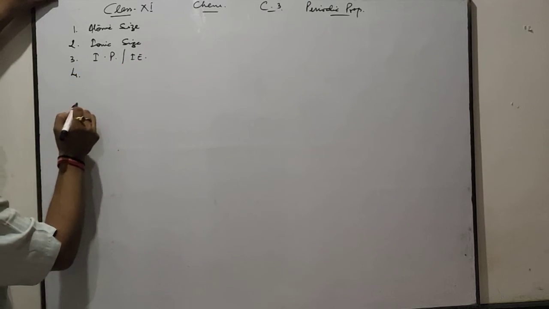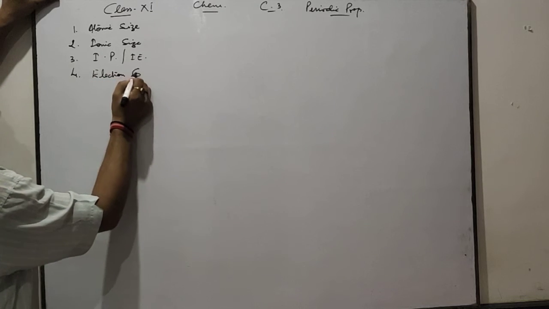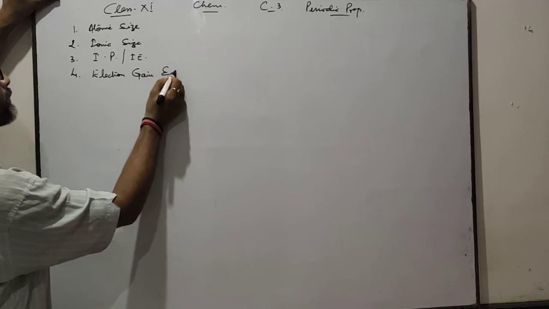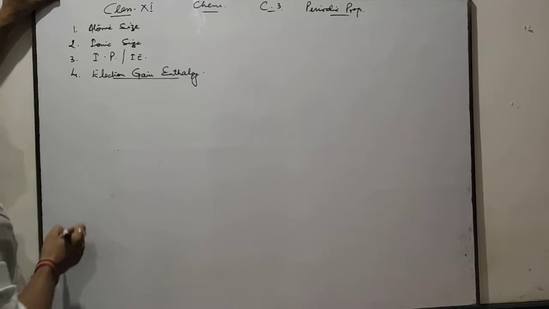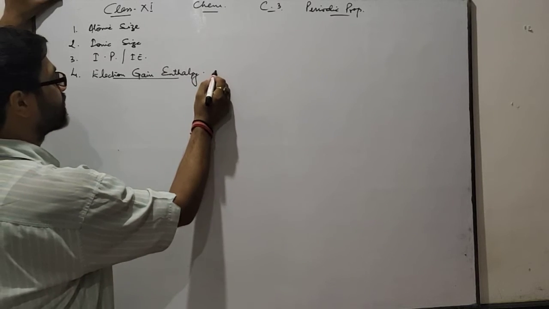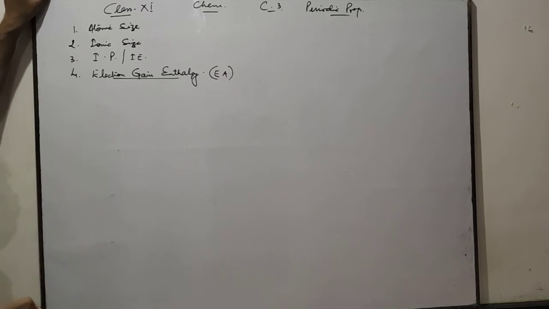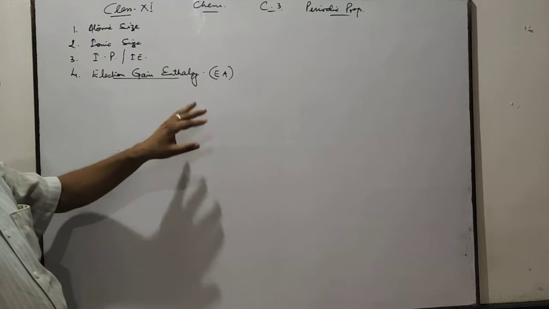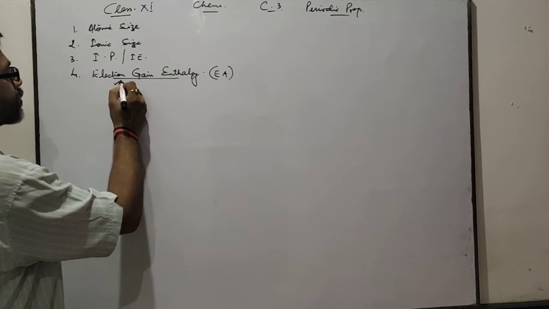Now I am going to discuss electron gain enthalpy. In short, it is denoted as EA, electron affinity. What is electron gain enthalpy? As the name indicates, electron gain.